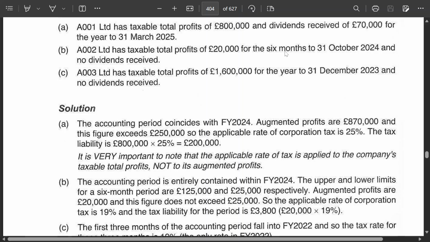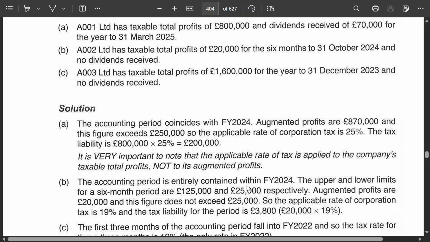And once we get those appropriate benchmarks for that particular example, then we compare the actual profit data for that period. This 20,000 is going to be compared to 25,000, right? It's not going to be compared to 50,000, because the appropriate benchmark for this example is 25,000. That's why you need to adjust the upper and lower limit numbers.